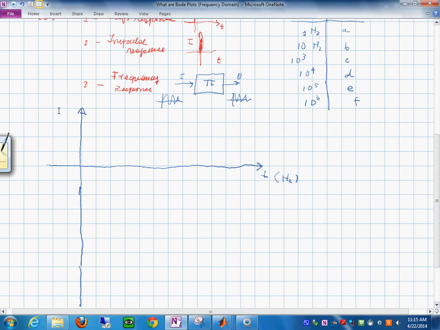And on the vertical axis, I am going to put my output response. And in here I say, okay, look, this is going to be 1 hertz. And here, it's going to be 10. This is going to be 1,000, so 10 to the third, 10 to the fourth, 10 to the fifth, and 10 to the sixth. Immediately you recognize that the scale that I have is a logarithmic scale. Yeah? And this is going to be my output.